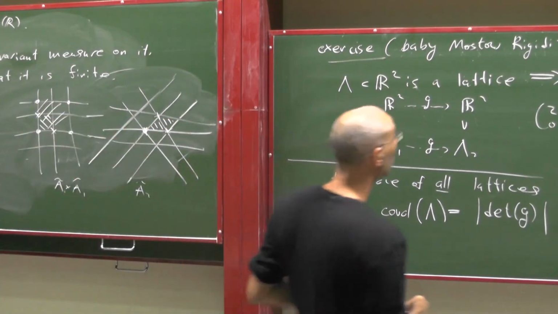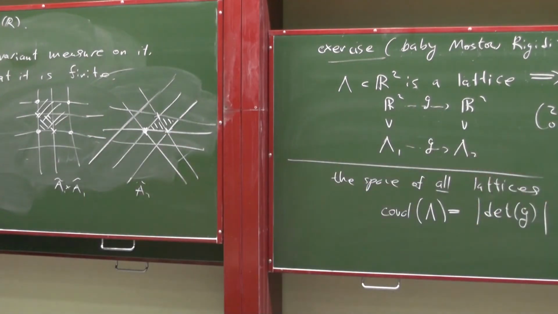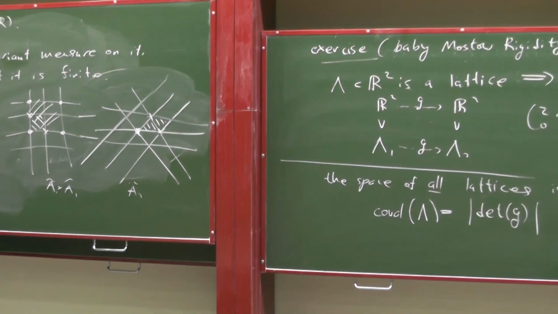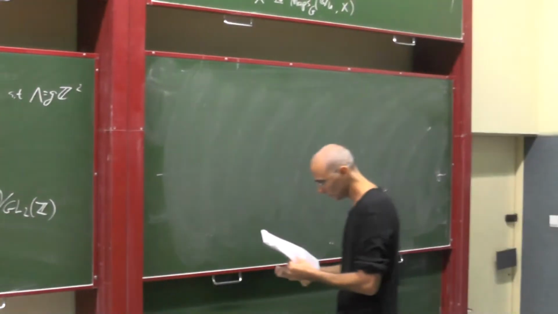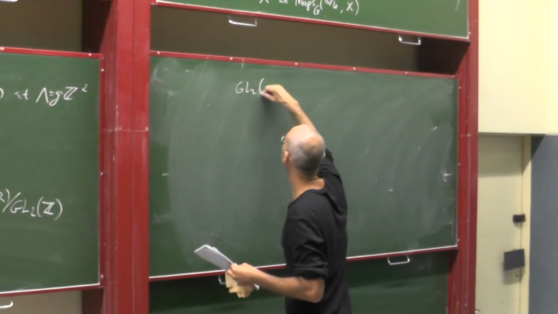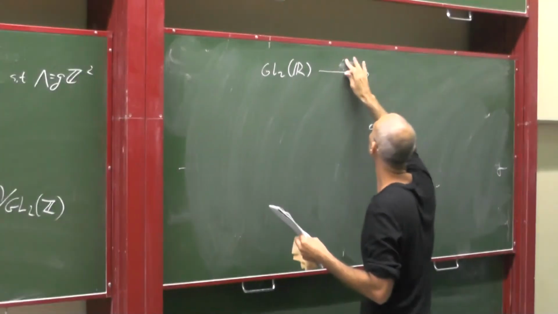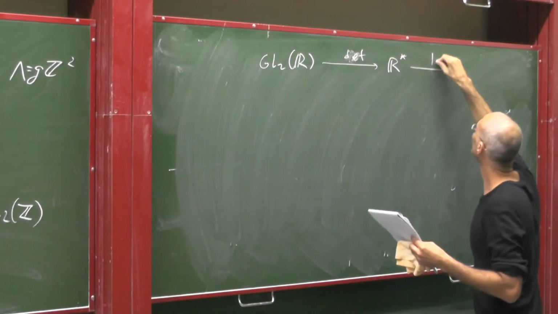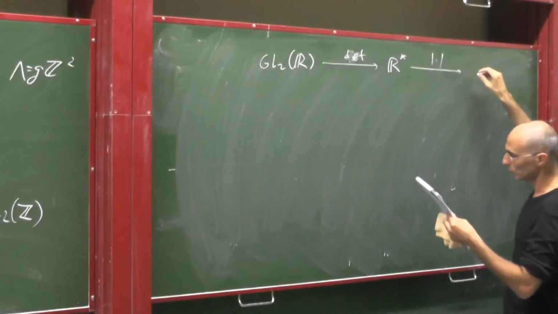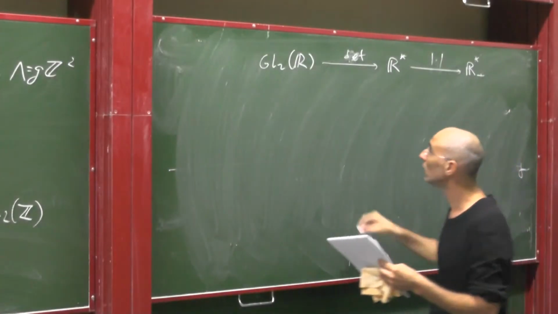So let's go formal. The determinant, with absolute value to R star plus, is a homomorphism. This is a homomorphism as well.